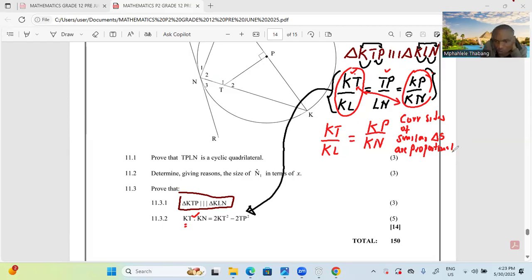Now, if we cross multiply, KT times KN equals KL times KP.